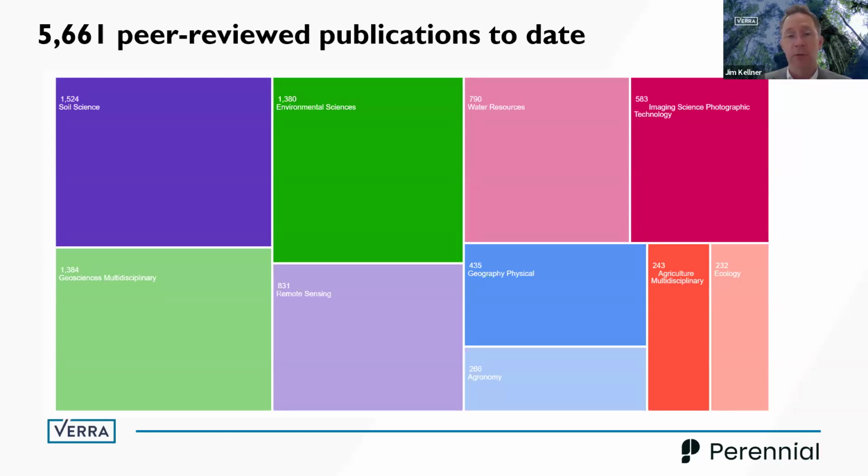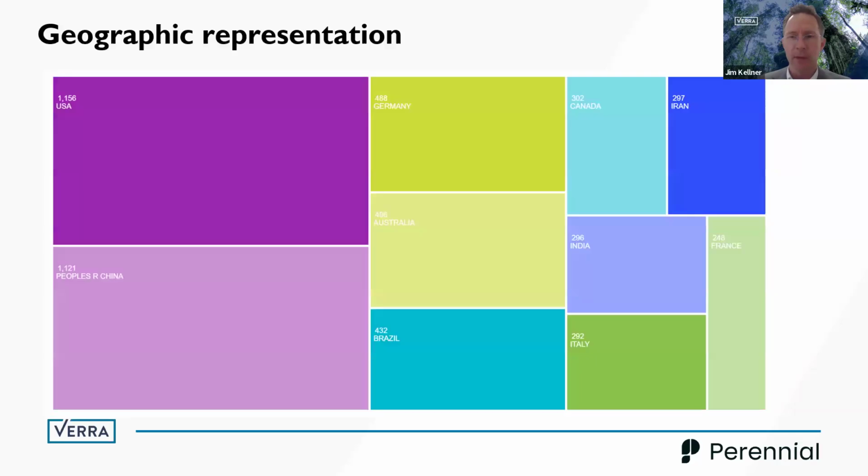The next slide shows geographic representation. If you could go to the next slide, we'll see that. The purpose of this next slide is simply to illustrate that the field of digital soil mapping has been active all around the world. There are examples just on this slide, and again, not all categories, not all geographies are shown because the smaller ones don't show up, but you can see there's examples from North America, from Asia, from Europe, from Australia, from South America.